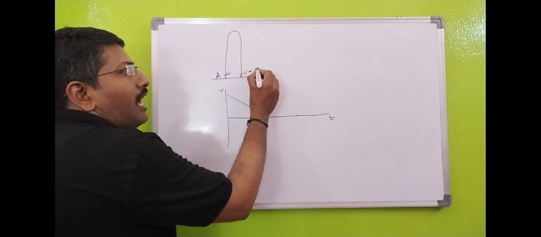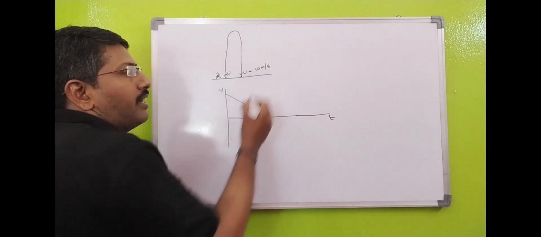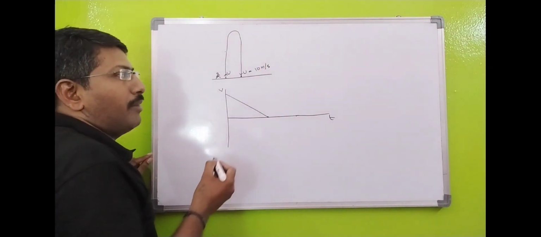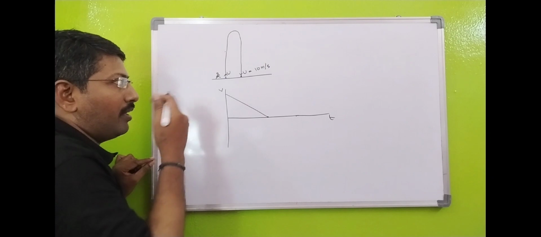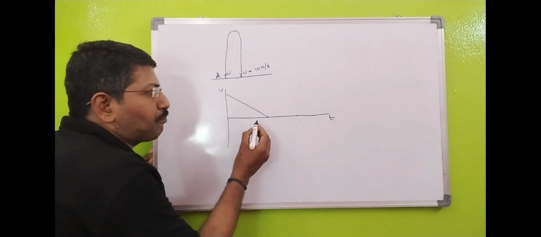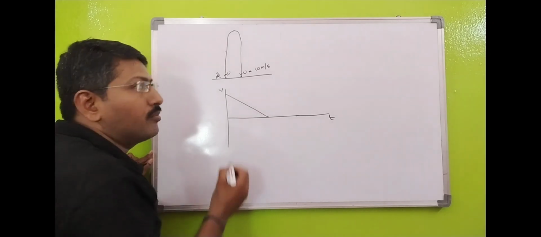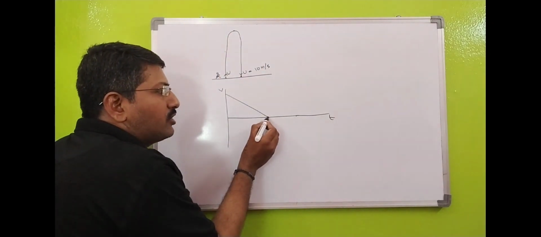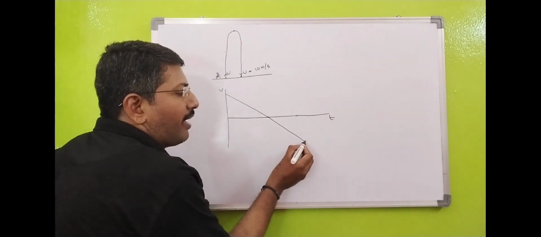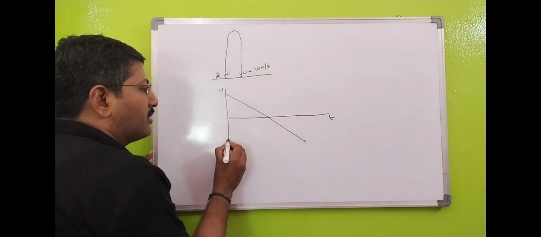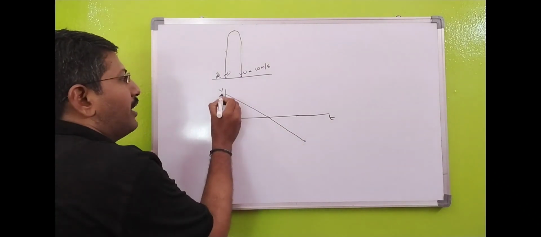Now you see here, again it reaches the highest point, where velocity is 0. After that, direction changes and it travels again like this. Finally, it reaches the ground with the same velocity, same magnitude, but in the opposite direction.